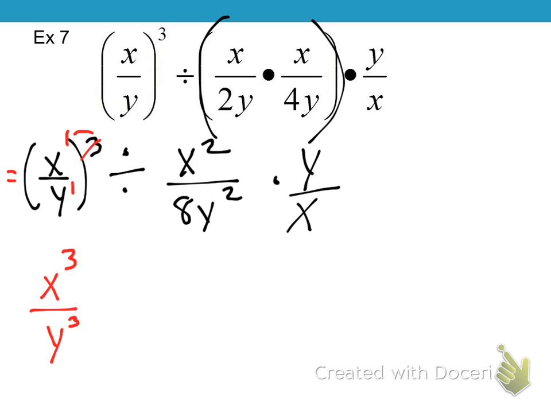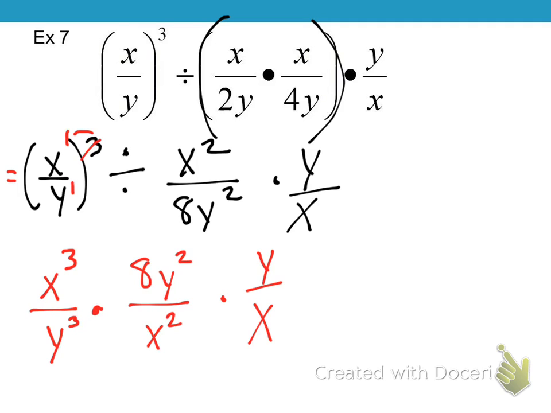Now, instead of rewriting it and then dealing with this, are you guys okay if we do it right now? Since these 2 steps don't really affect each other, you can. Keep, change, flip. And then this guy just kind of hangs out on the end.